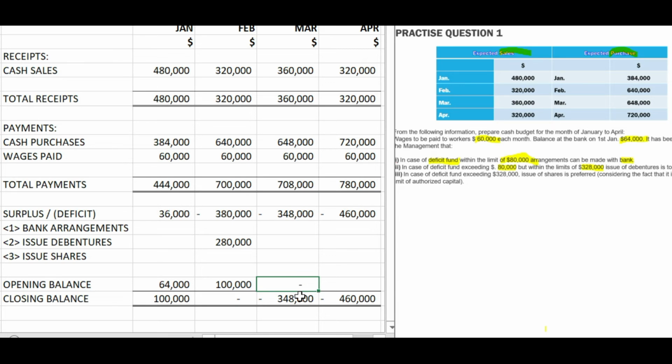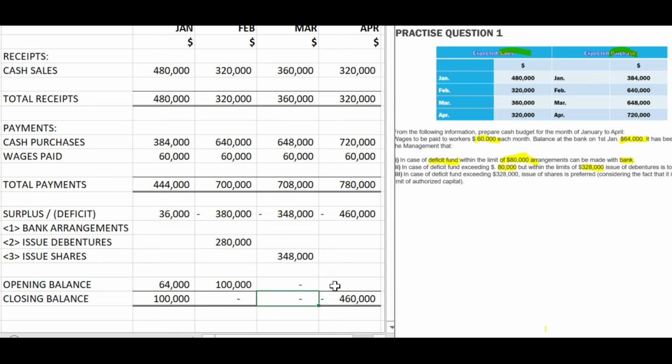This is beyond the second scenario, so it is the third scenario, more than 328,000. We will issue shares to cover this deficit. Shareholders give you funds, and you cover the whole 348,000 deficit using the issuance of shares. That's why the closing balance is also 0.